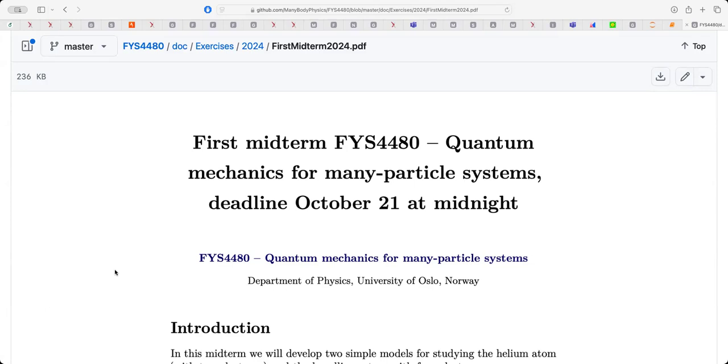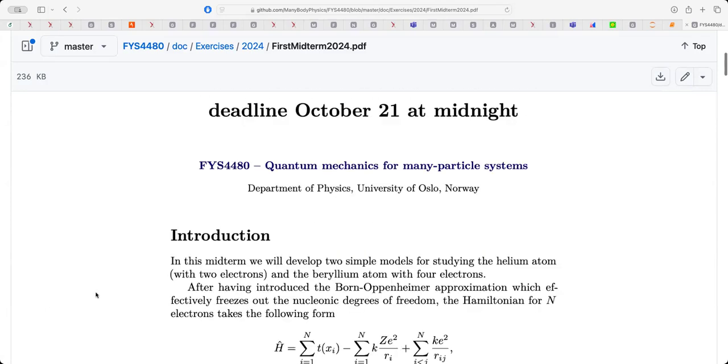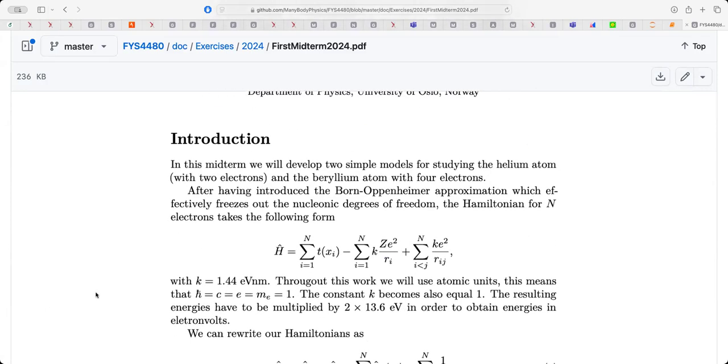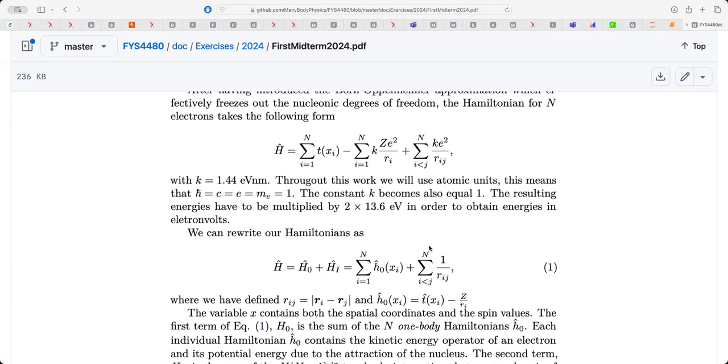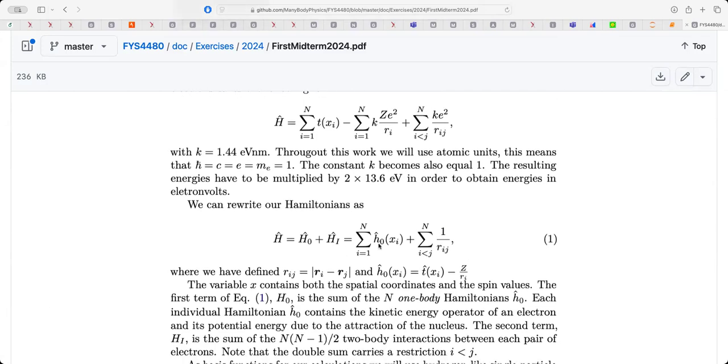So the first, actually, this is an application of FCI and Hartree-Fock theory. The Hamiltonian is a standard Hamiltonian based on the Born-Oppenheimer approximation, where we only look at the electronic degrees of freedom.